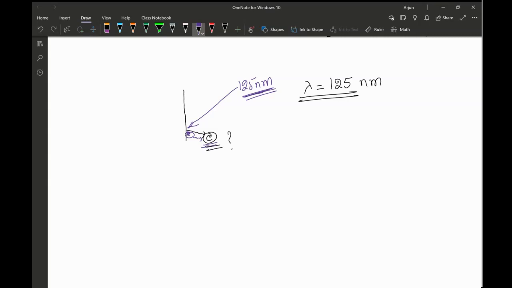Now, this is 125 nanometer, so I can find the energy associated with this wavelength, and that value will be E equal to what we've already concluded, that it is nhf. If it is one photon, then n value will be 1, h value will be 6.63 times 10 raised to the power negative 34, multiplied by frequency.